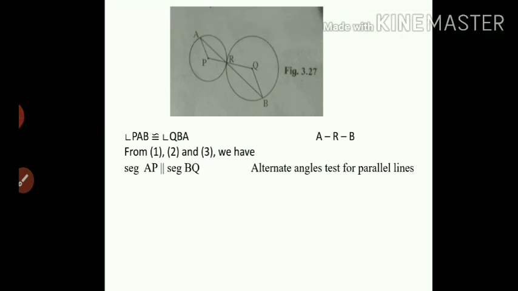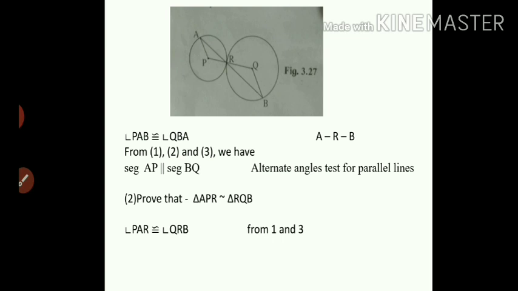Now the second part: prove that triangle APR is similar to triangle QRB. Our previous statements 1, 2 and 3 will help us prove this. Angle PAR is congruent to angle QRB, from 1 and 3.